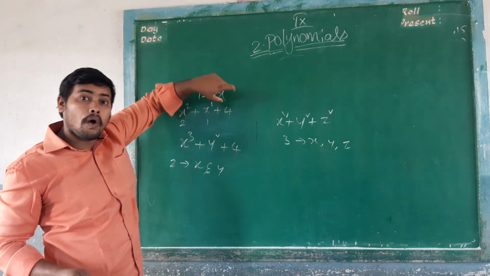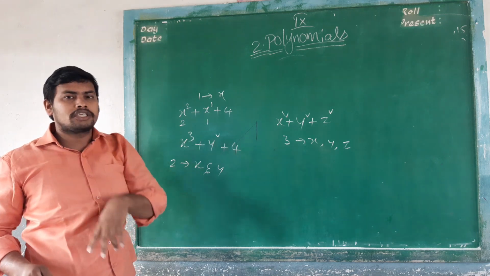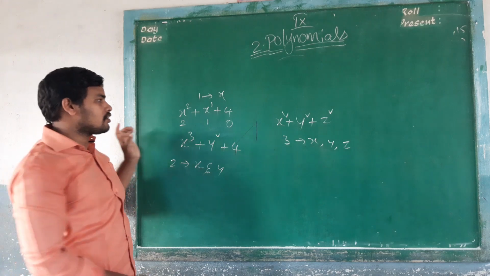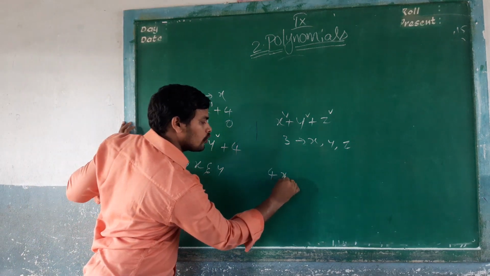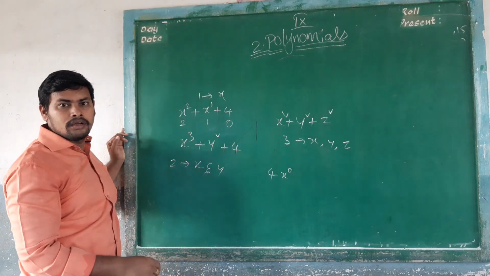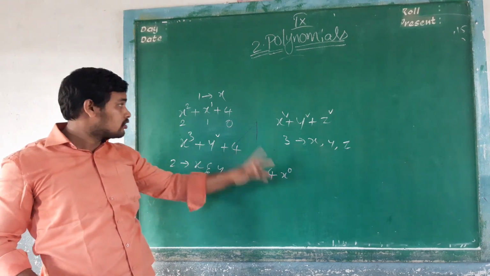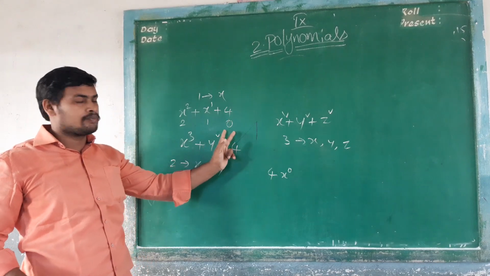Here 4 is a constant term. The degree of any constant term is 0. How can you write it? 4 can be written as 4 into x power 0. x power 0 value is 1, so 1 into 4 is 4. That's why the degree of 4 is 0.